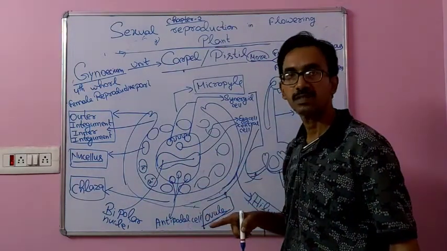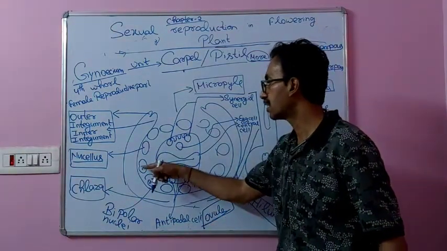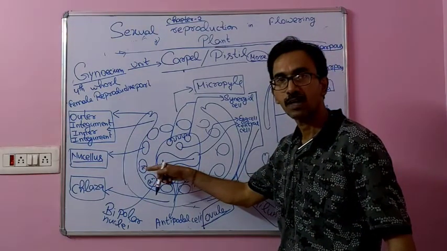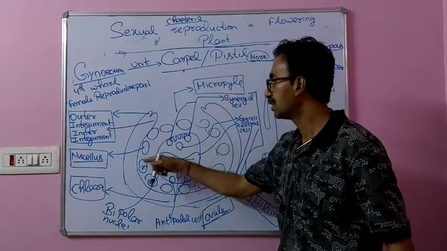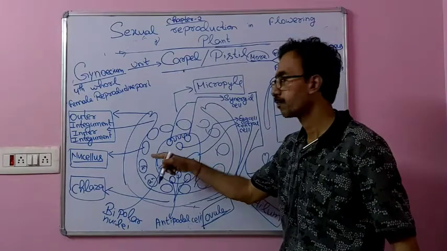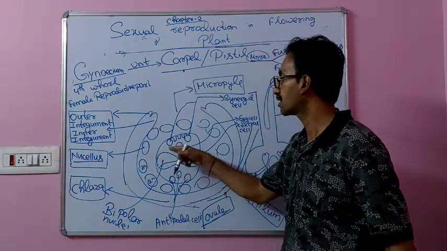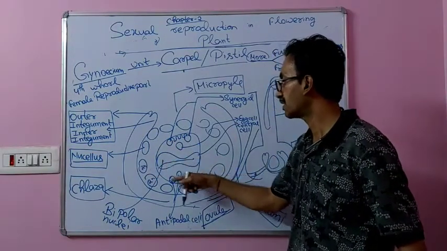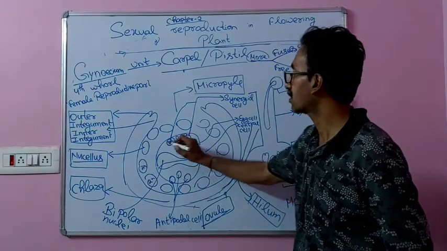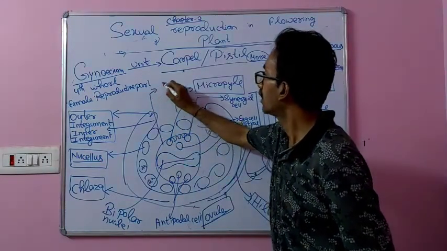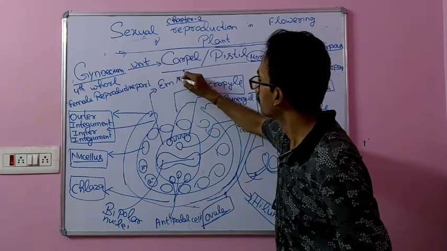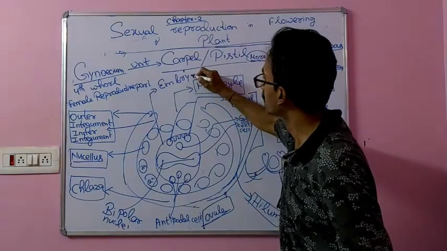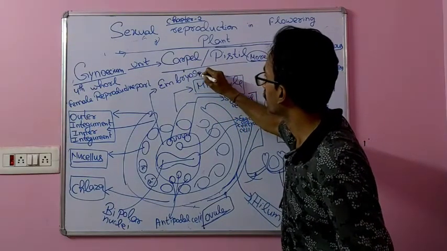In some seeds, the nucellus layer persists, whereas in most seeds, the nucellus layer gets destroyed. Below the nucellus layer, there is a special structure. This structure is called the embryo sac.